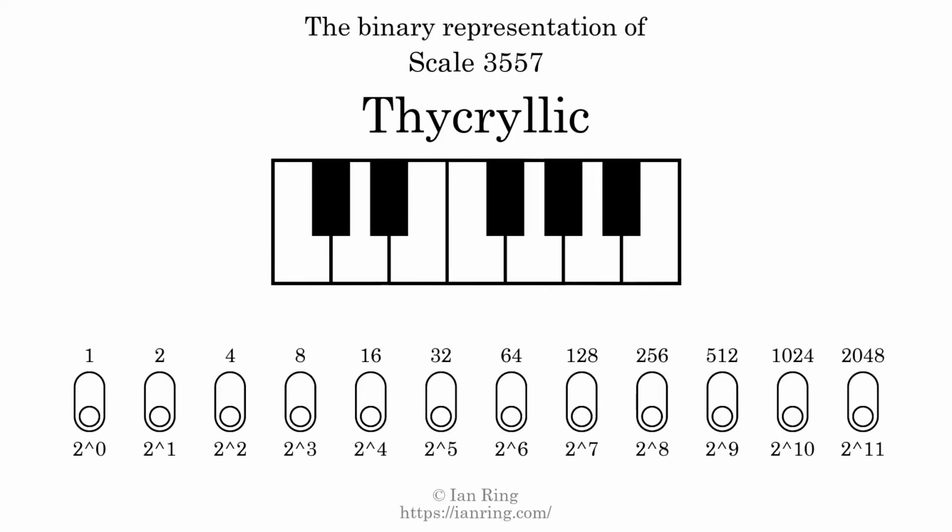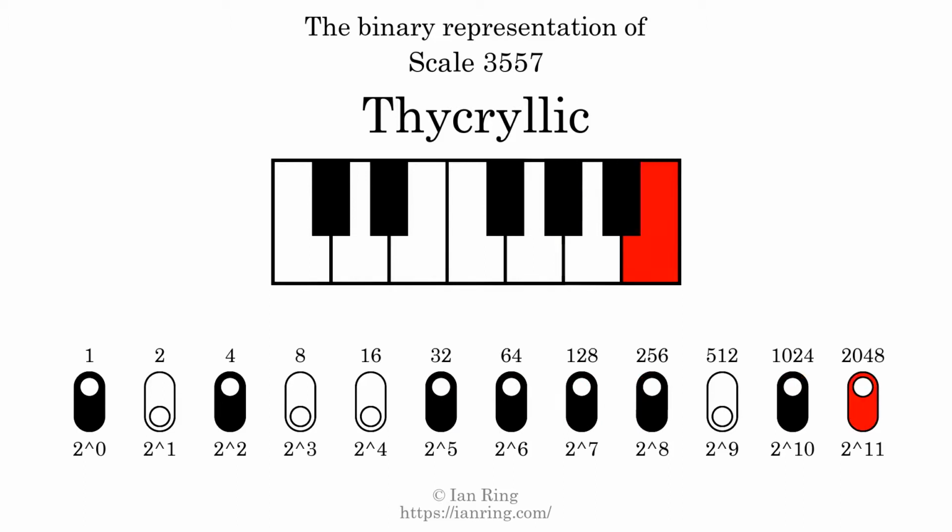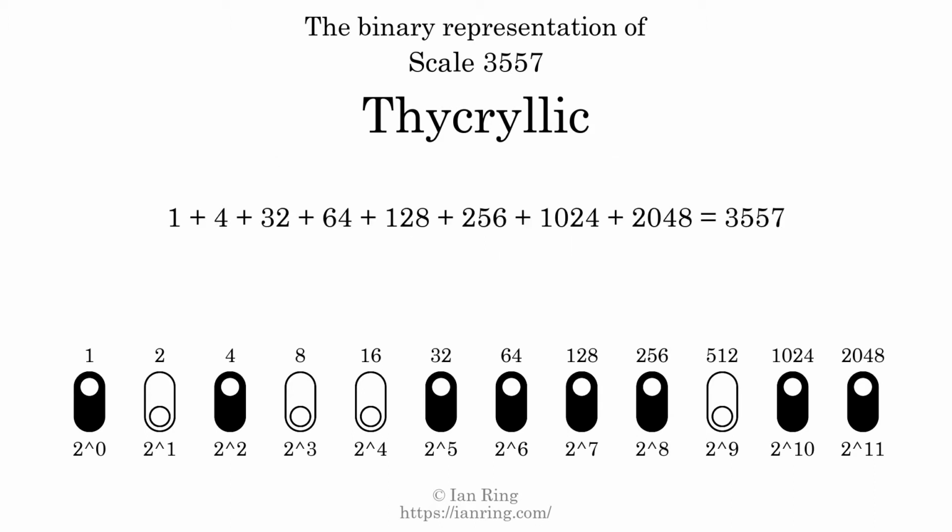The binary representation of this scale is determined by mapping tones of the scale to binary digits. Each binary digit represents a power of 2. To get the scale number, we add the powers of 2 together. The powers of 2 that are present in the scale, all added together, equals 3557.